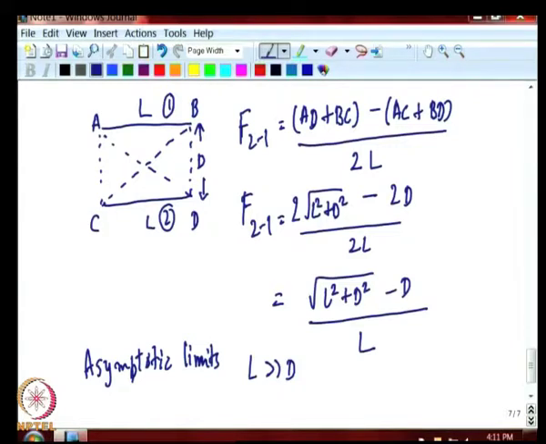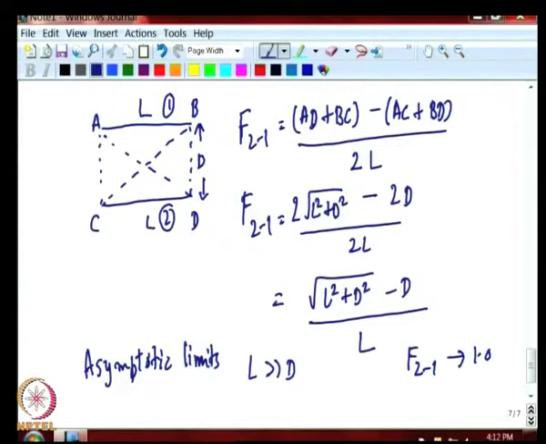And you can see it here, if you neglect D compared to L and again neglect this, F21 will tend to 1. That is a fairly easy result, and that is a result you will usually remember.